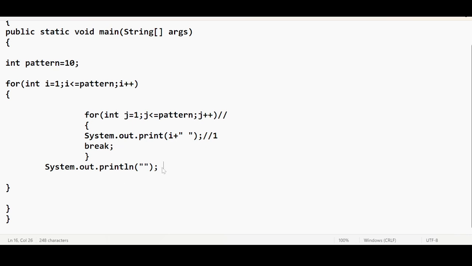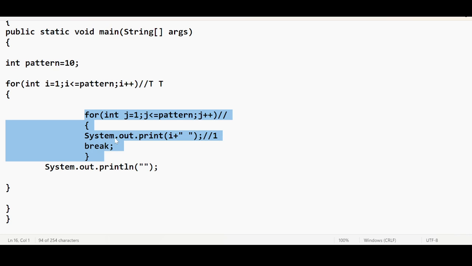The control will come here and move the cursor to the next line. So now the job of the outer for loop starts for the second time, and again the inner for loop is executed one time only. The inner for loop is always going to get executed for how many times? Only one time.